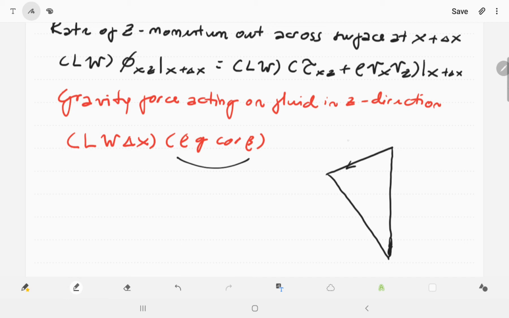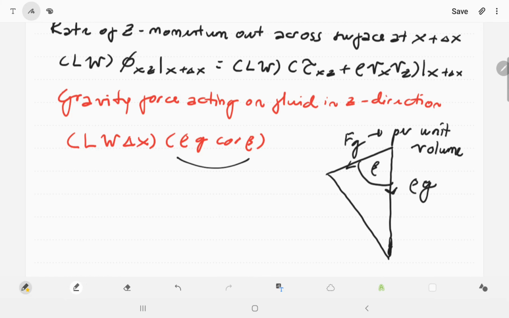Then this one is what we call the force of gravity in the z direction, and this one is the real gravity, rho g. And if we take an angle in here as beta, note that this one is per unit volume.